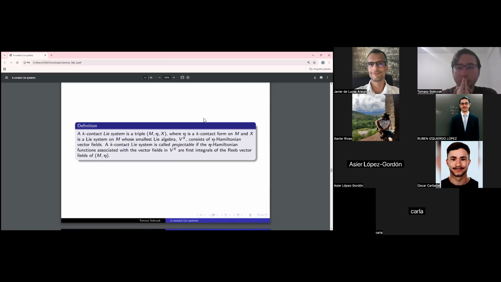And many of the things that Assier did can be extended to these K-contact Lie systems, all the theory with the dissipation, okay? Taking into account that the relations between K-contact, K-symplectic, contact and symplectic things that can be done for contact Lie systems are in this case not straightforward and cannot always be applied.